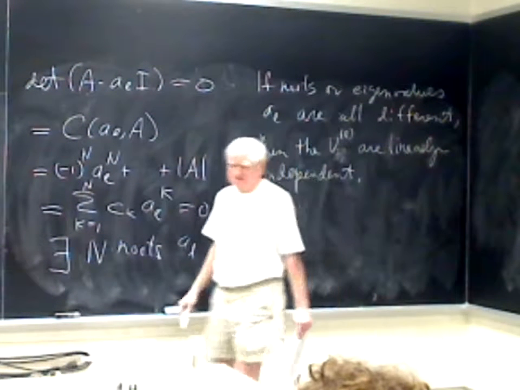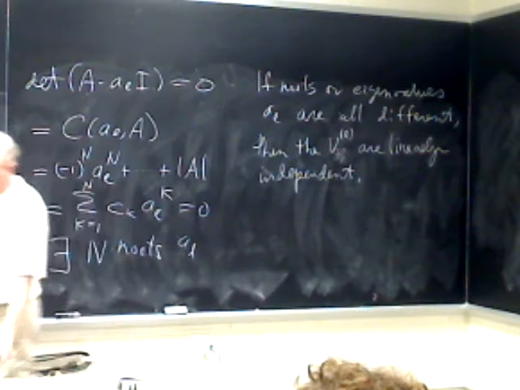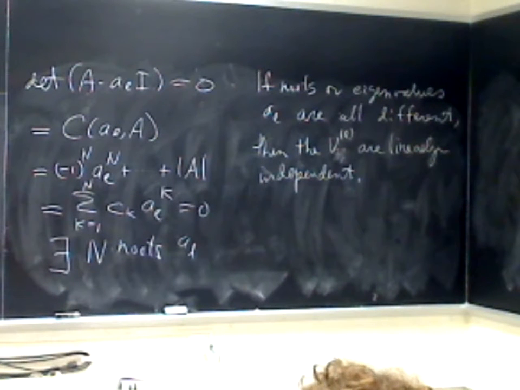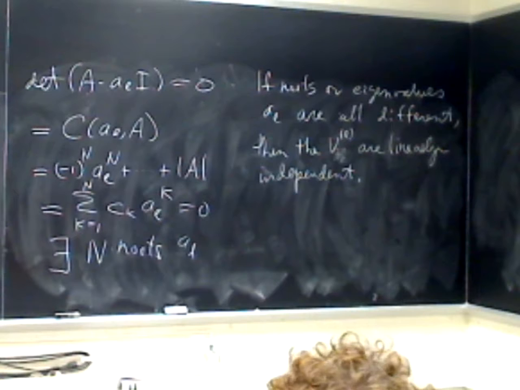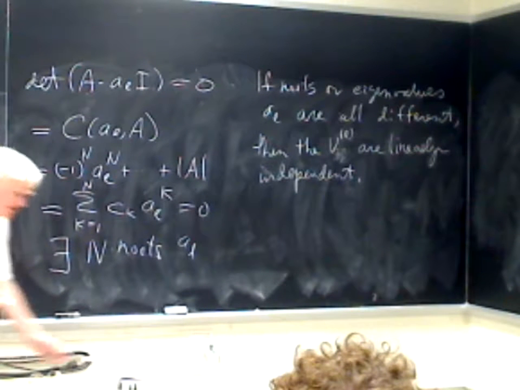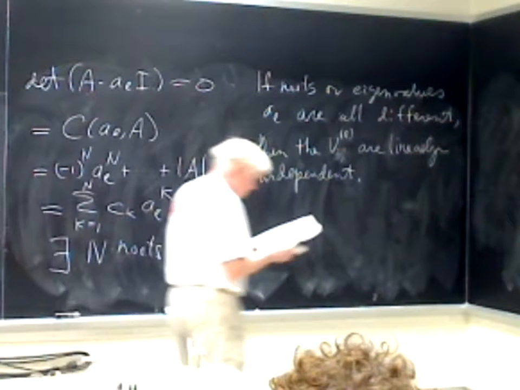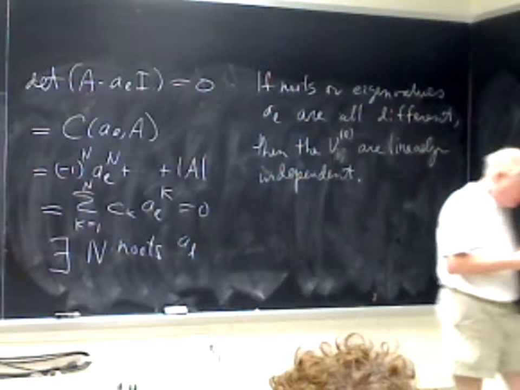Okay, so this is the typical case, namely that the eigenvalues are different. When they are, the eigenvectors have to be linearly independent.